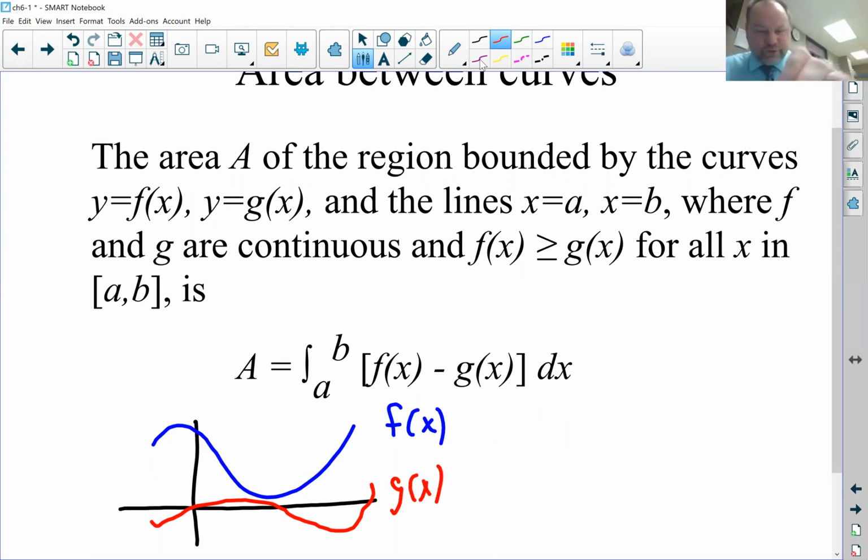Not really drawn well, but this is A, and maybe this is B. So to find the area between, you take the integral from A to B of the upper function minus the lower function.